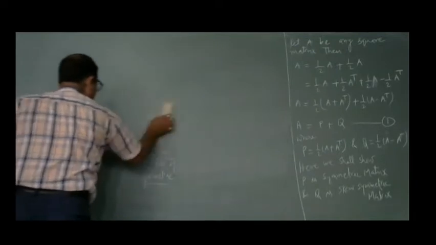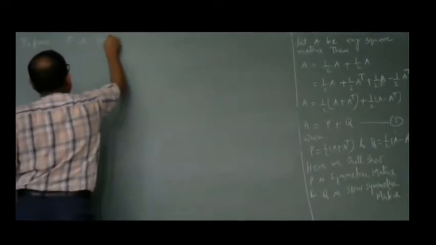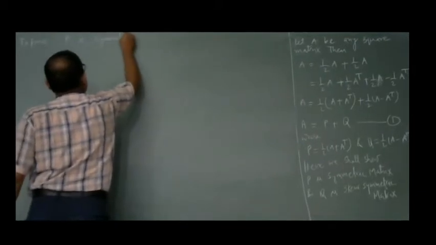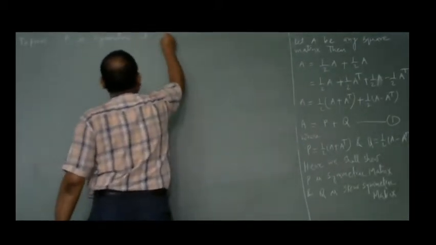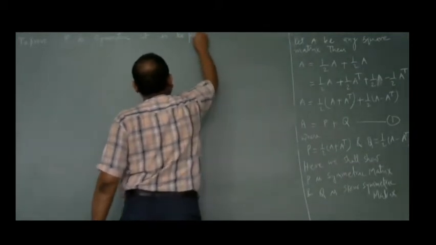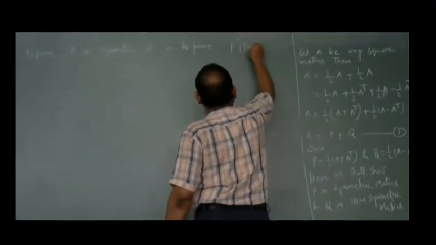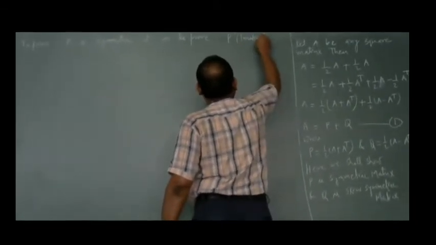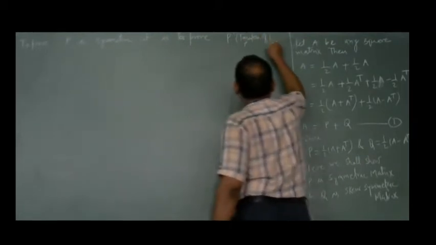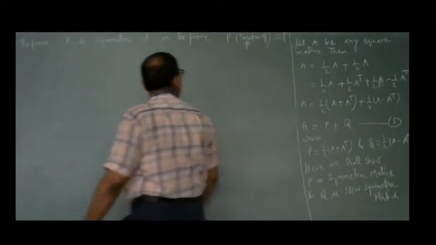For this purpose, to prove P is symmetric, it is to prove that the transpose of P is equal to P. Transpose of P is equal to P.